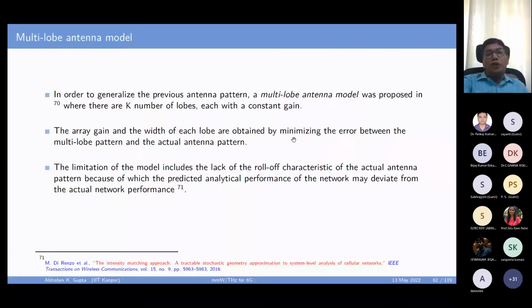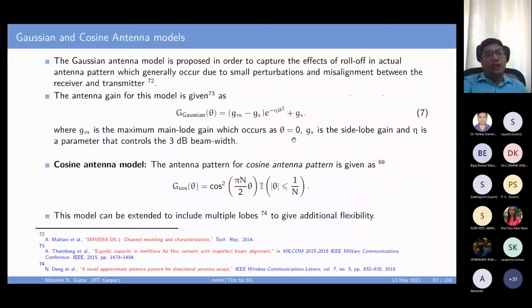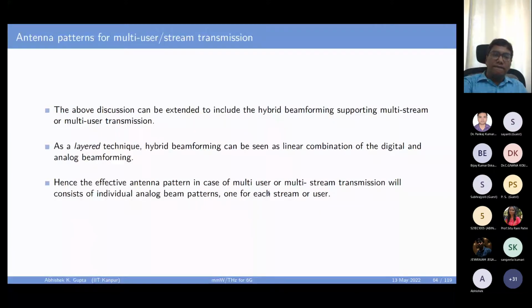And people have talked about different antenna models which you can use for different scenarios. Then there are also Gaussian and cosine antenna models, which have this particular antenna pattern. Okay.